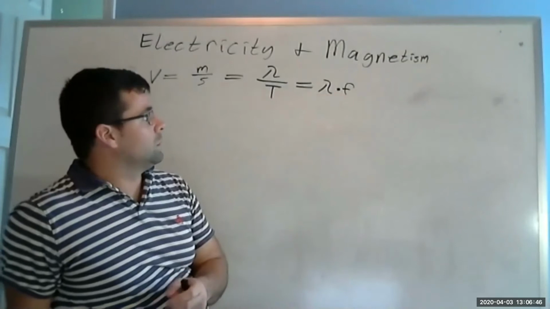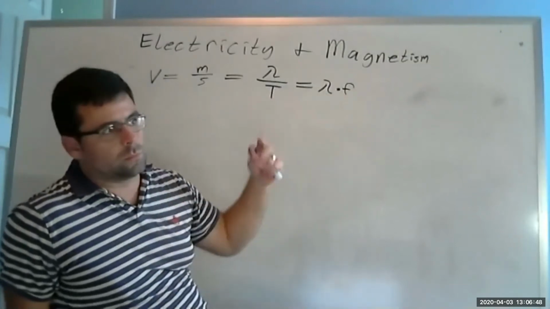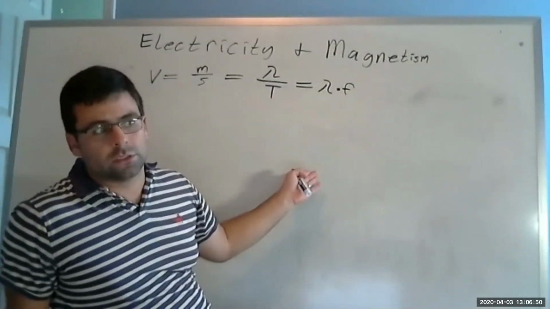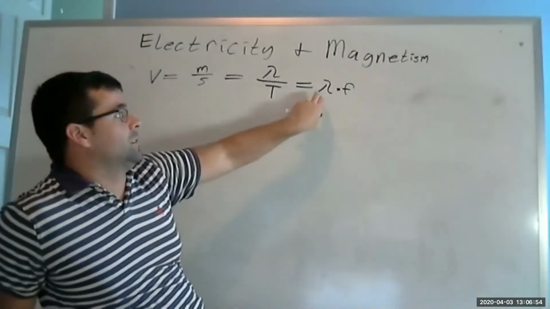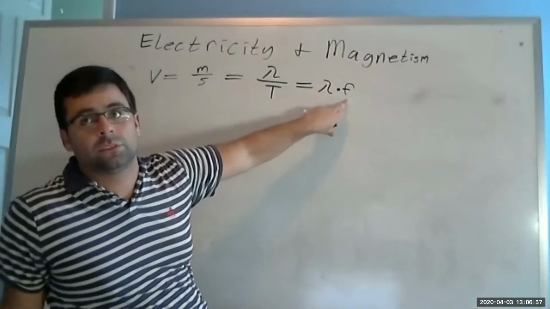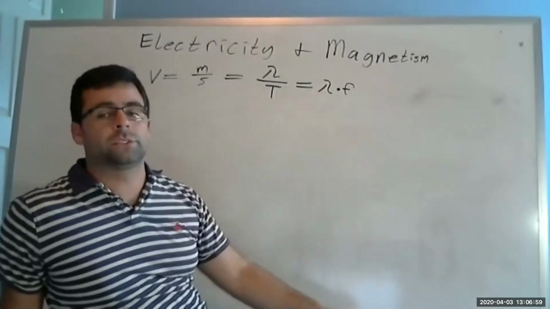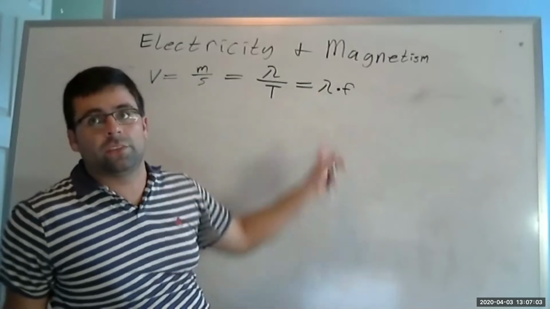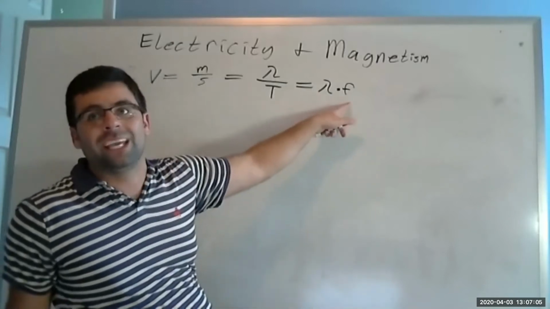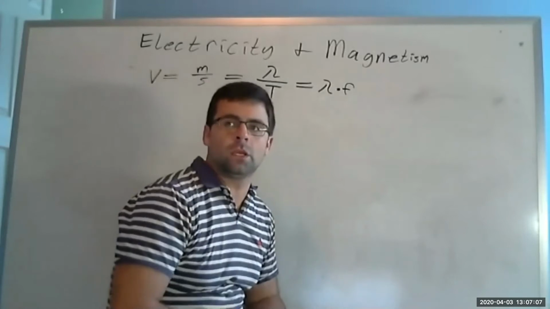So if you go 10 meters 2 times every second, then it's 10 meters times 2, or 20 meters per second. So this is the speed of any wave in general.